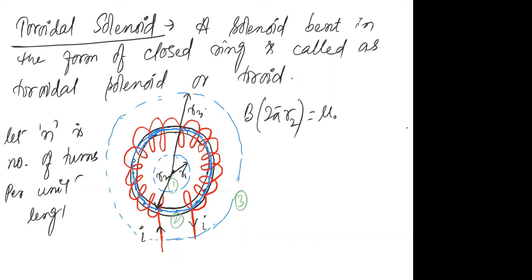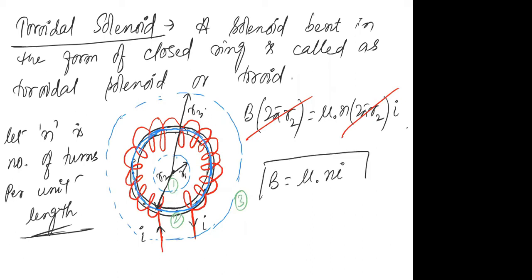If I take the number of turns per unit length to be small n, what would be the total number of turns in this length of 2 pi r2? It would be equal to n multiplied by 2 pi r2. And in each turn, you have a current equal to I. So what will be the total current? Just multiply it with I, right? 2 pi r2 and 2 pi r2 finally cancel out. The magnetic field that you will get will be simply equal to mu naught n I.